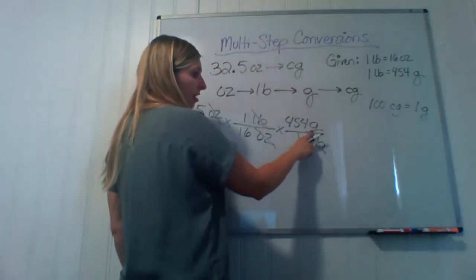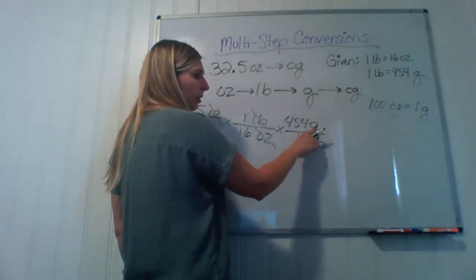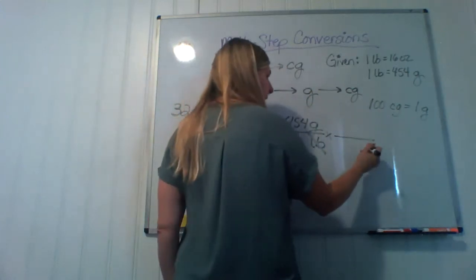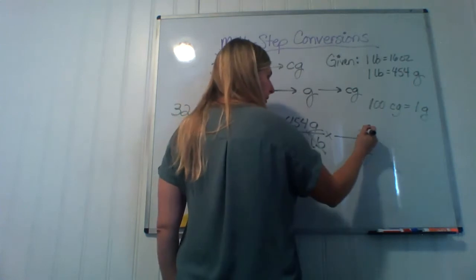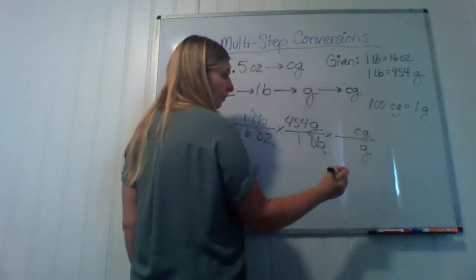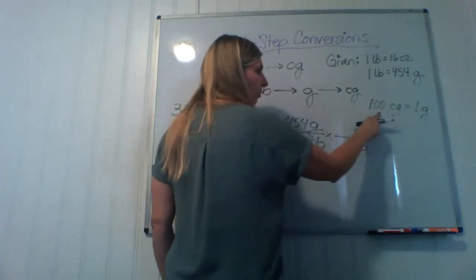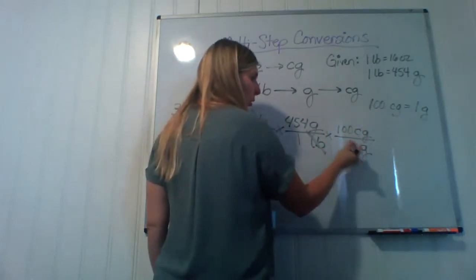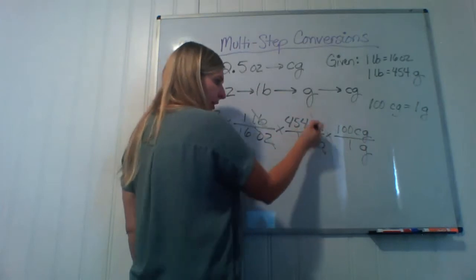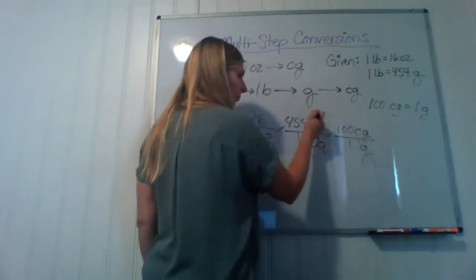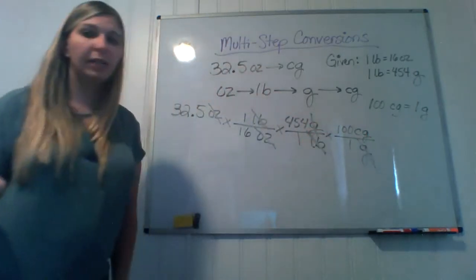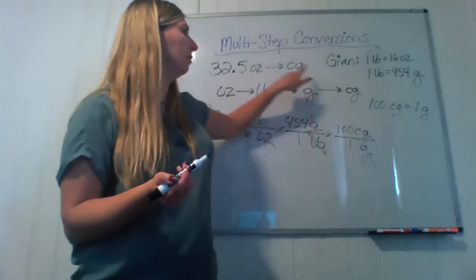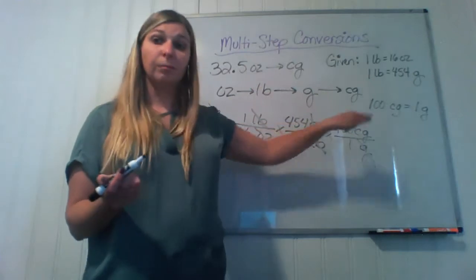So now, if we want to convert our grams into centigrams, we're going to put grams on the bottom, centigrams on top, and then we use the values. 100 centigrams on top, 1 gram on the bottom, cancel the units. Okay. And what units are we left with? Centigrams. That's what we look to achieve.